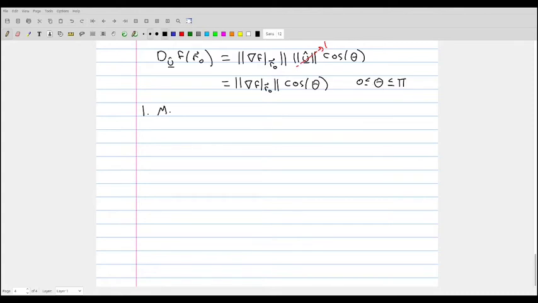So the maximum of the directional derivative occurs when cosine of theta is equal to 1, or when theta is equal to 0.